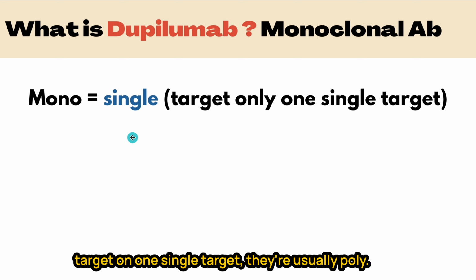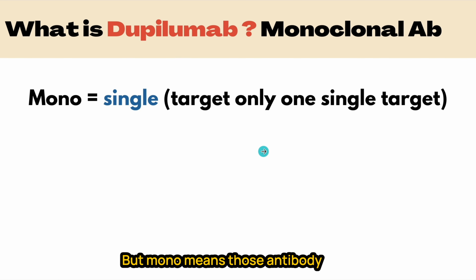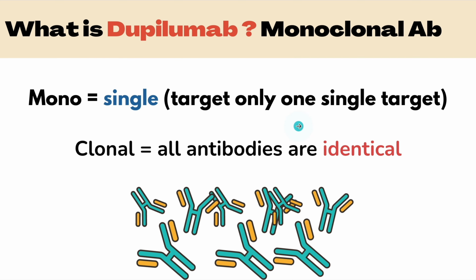They are usually poly, targeting multiple targets on the bacteria. But mono means those antibodies only target one single target. They are designed by humans, therefore it is very specific. Only one single target.